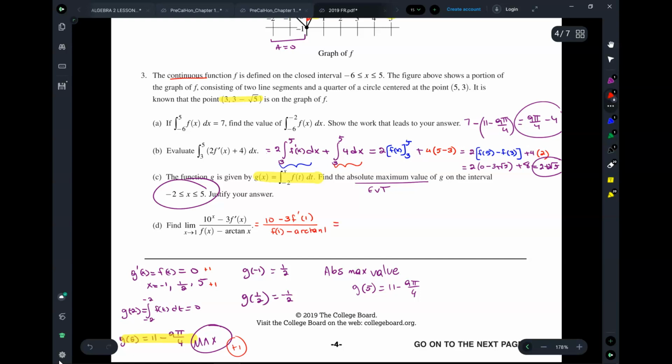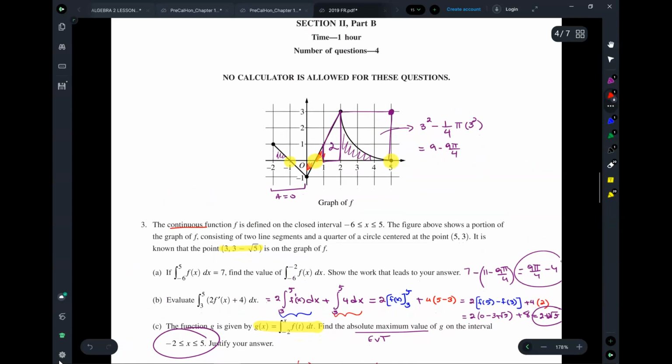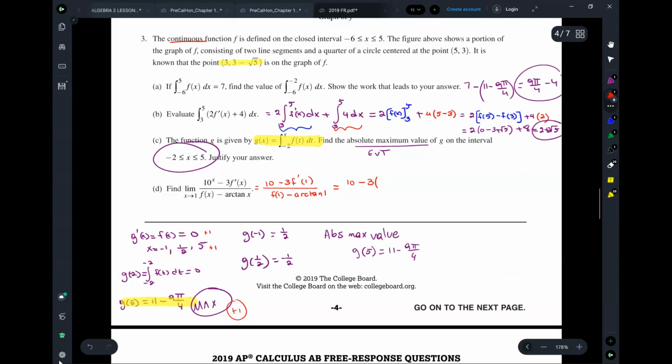So this is 10 minus 3 times, what was f prime at 1? It's 2, right? Because you go up 2 over 1. Over what's f of 1? 1. Minus what's arctangent of 1? Pi over 4, because that is the angle where the tangent is 1.